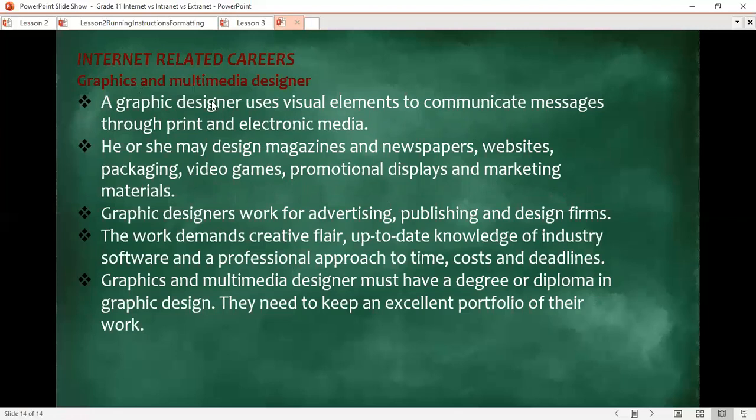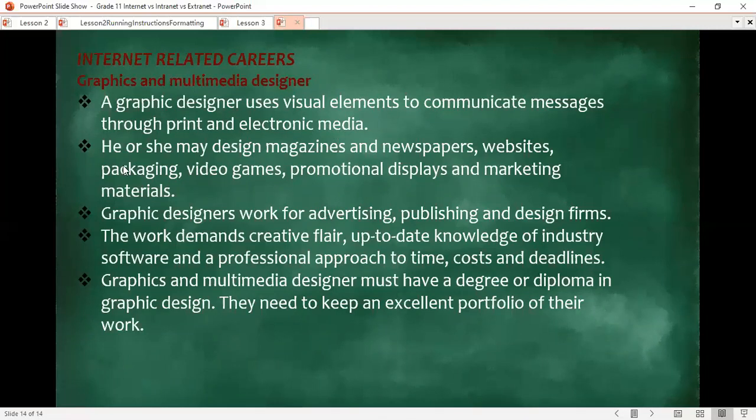And then here we have graphics and multimedia designers. A graphic designer uses visual elements to communicate messages through print and electronic media. So these are people who are basically doing animations in their website, multimedia designers.